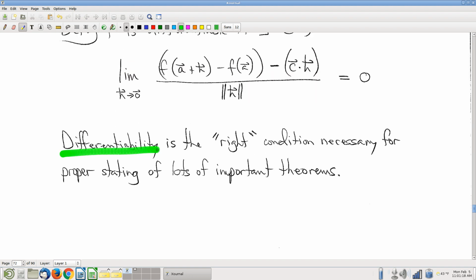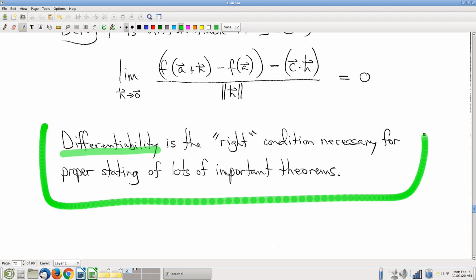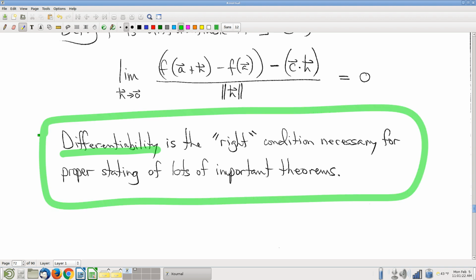And this is worth noting. Why do we care about differentiability? Why don't we just go through our life just dealing with continuous differentiability? The answer is that's too constraining. There are true, important theorems that are good to be able to work with as broadly as possible that do not require continuous differentiability. They only require differentiability.